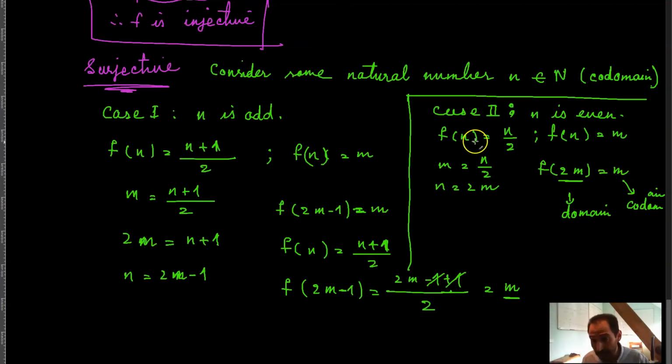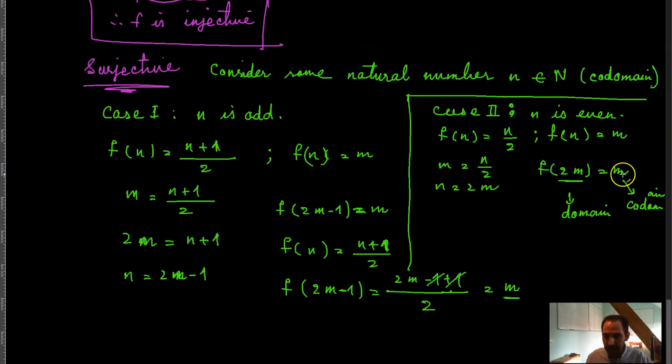I know that m represents some output of the function, which is some natural number, right? And the input that I need to get this m is, for every m, 2m, meaning that whatever the value m multiplied by 2, that input should be input into the function in order to get that output.